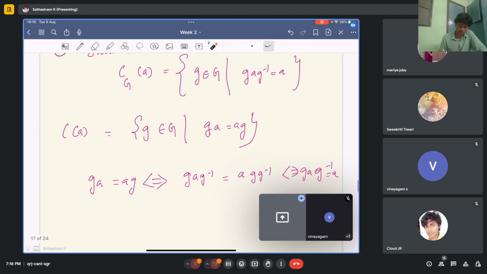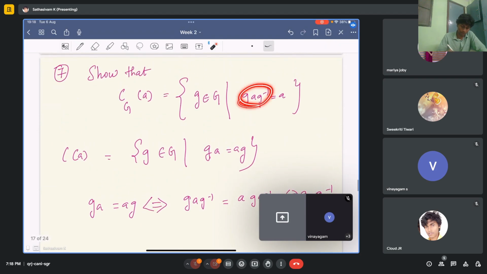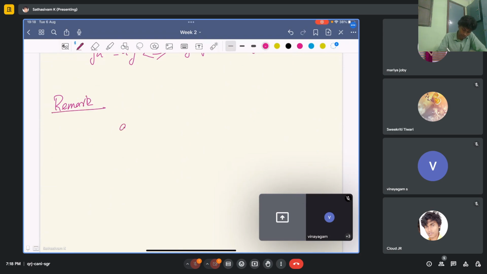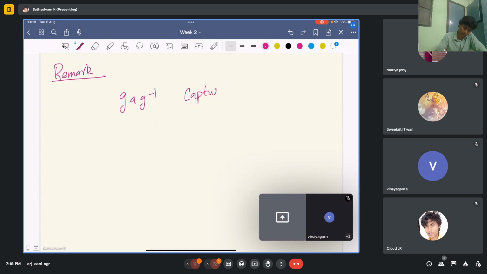Okay, let me tell you, I mean, so these elements here, I will put a remark here. See, this conjugation is there, right? gag inverse. It kind of captures whether g commutes with a or not.